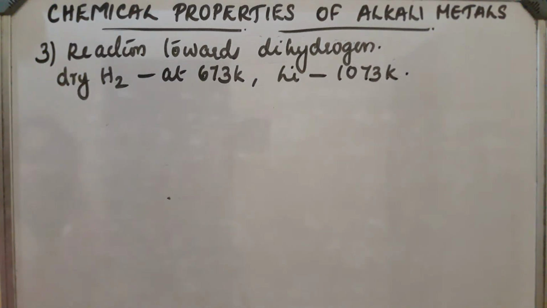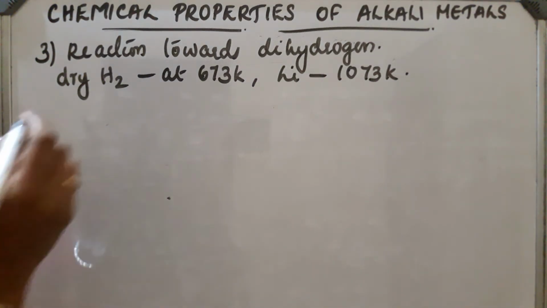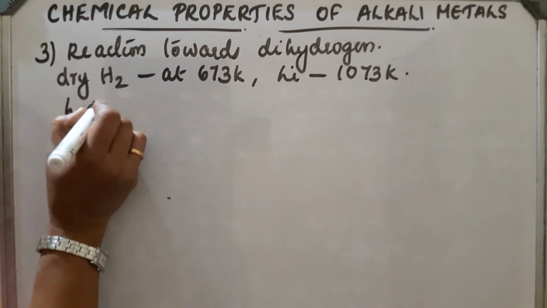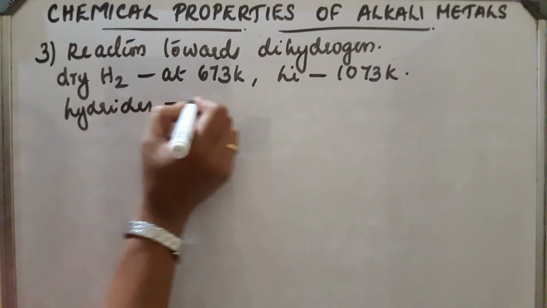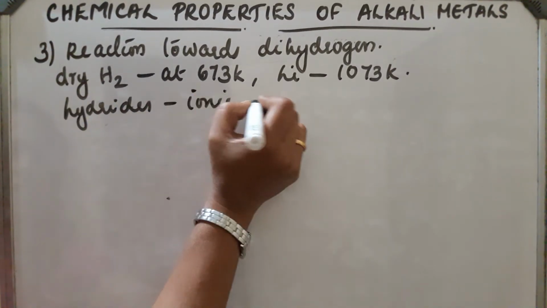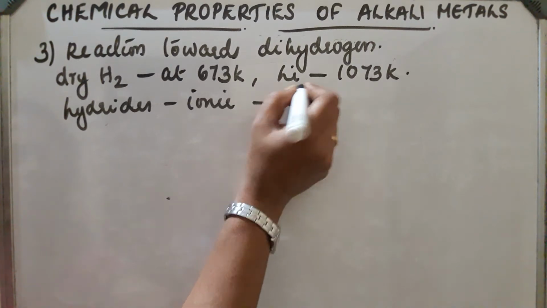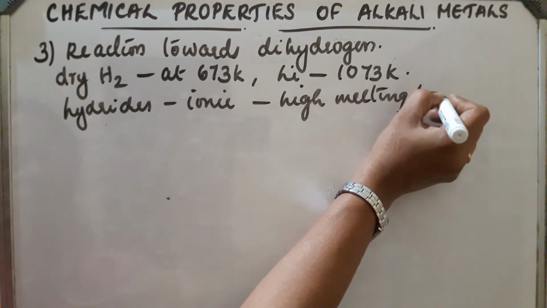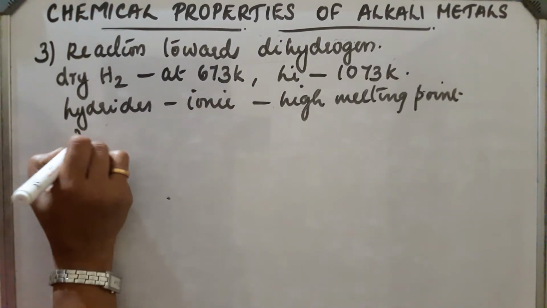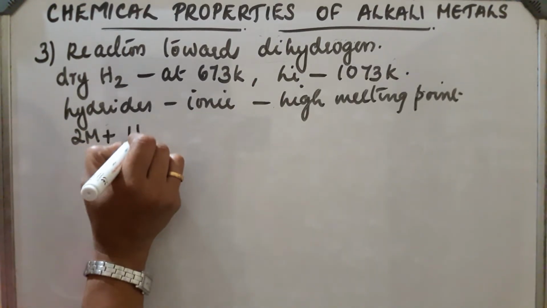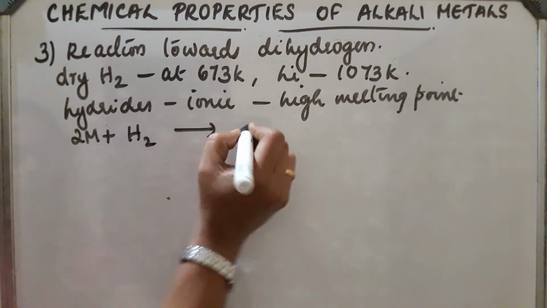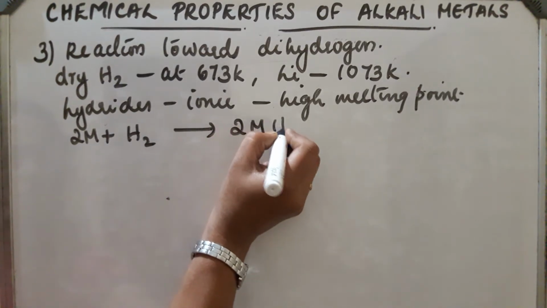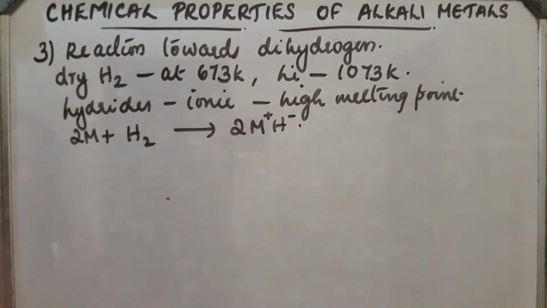Okay, and these hydrides are ionic in nature and they have high melting points, and the reaction will be like this: 2M plus H2 gives 2MH. This is ionic in nature. Okay.